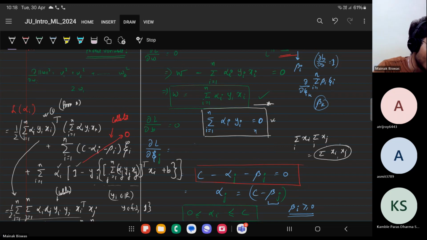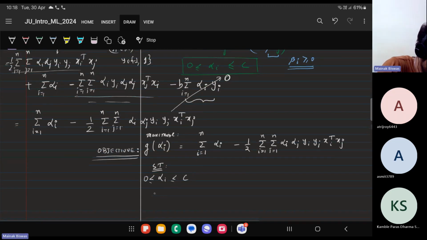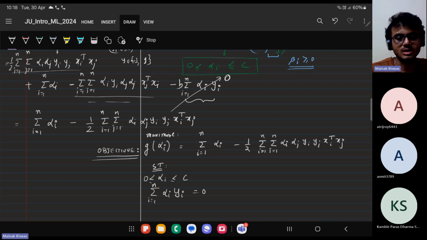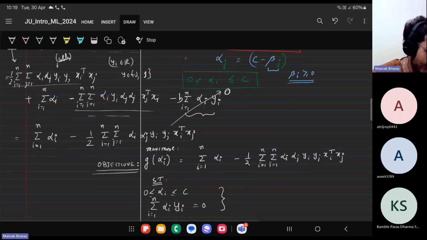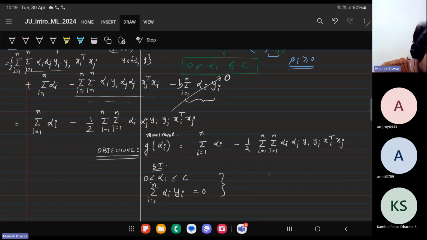The summation of alpha i yi equal to 0. This has to be satisfied, right?